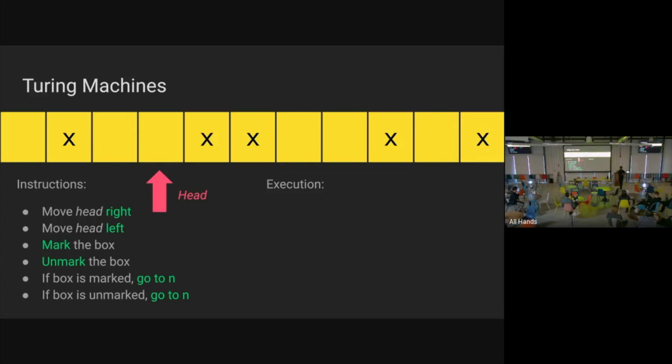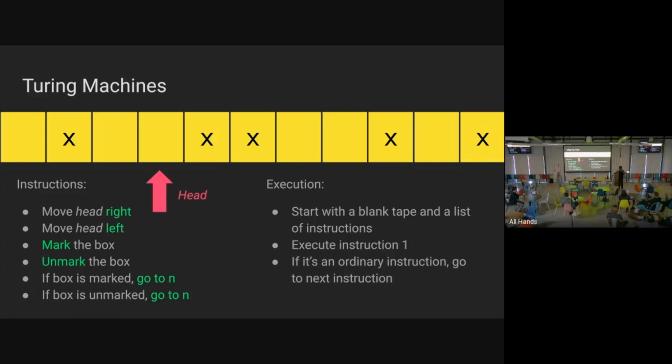And the execution of the Turing machine, essentially, you start off with a blank tape and a list of instructions that you want this Turing machine to execute. And the list of instructions are ordered from 0 through n. And you execute the first instruction. And if it's an ordinary instruction, you execute the next instruction.